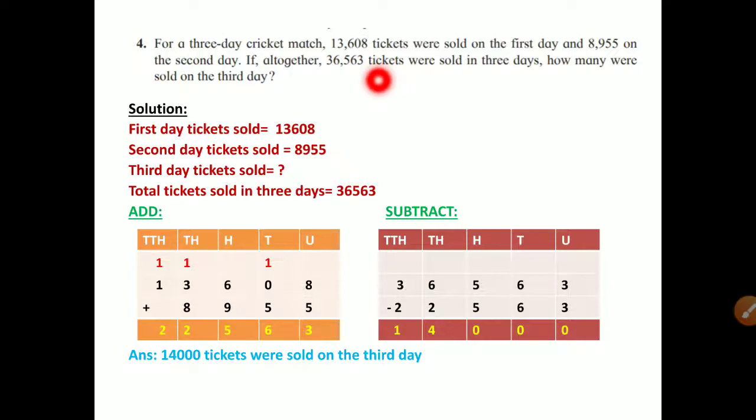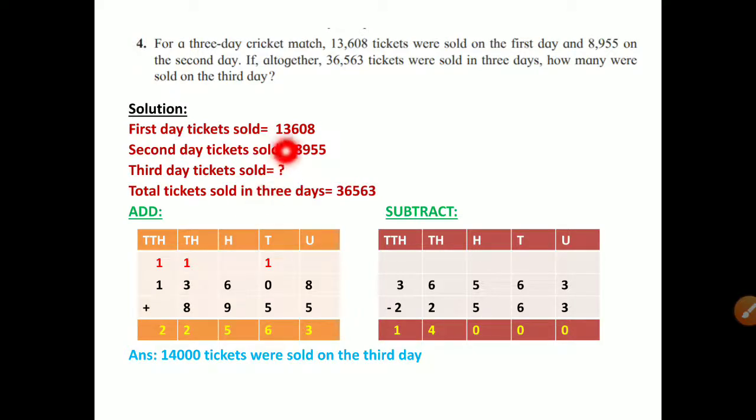We need to find out the number of tickets sold on the third day. Solution: first day tickets sold 13,608, second day tickets sold 8,955, third day tickets sold, we need to find out. Total tickets sold in 3 days, that is 36,563.